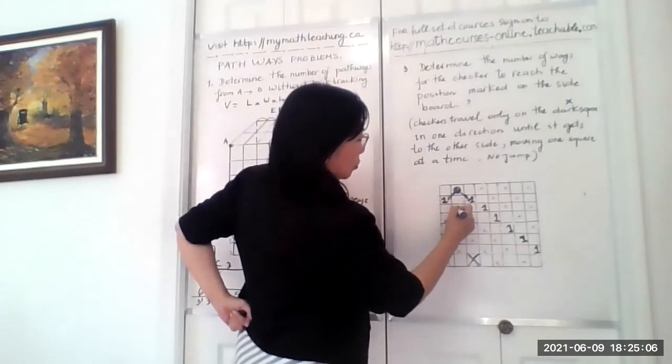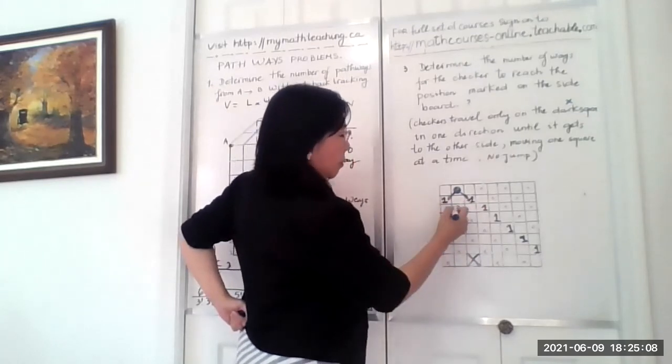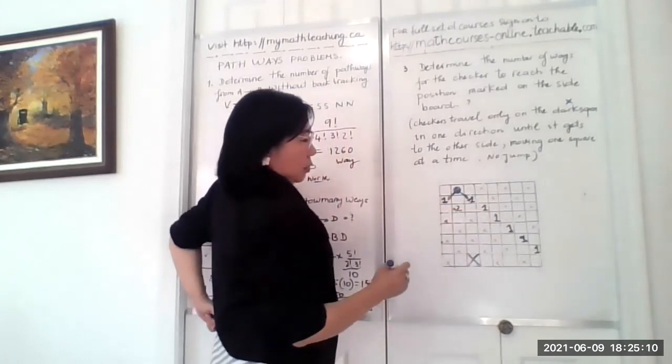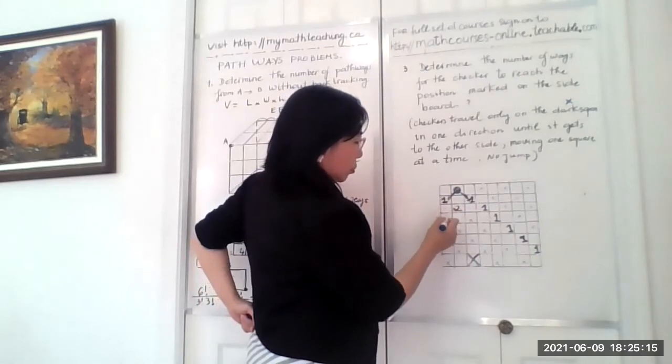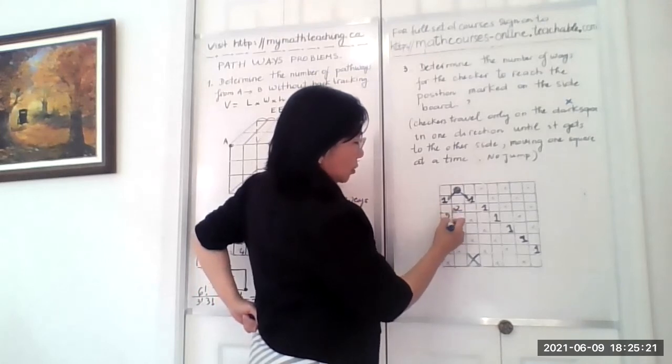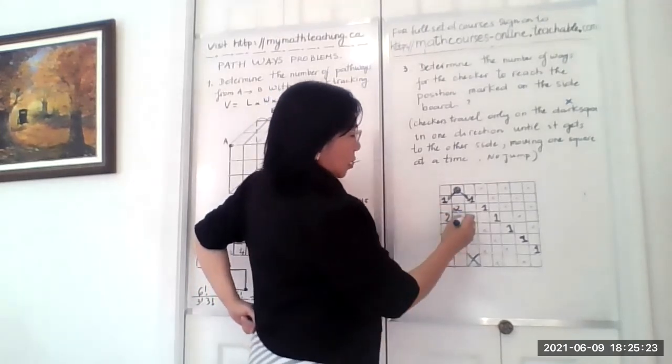So there are 2 ways to get down to this X box. So now, if he goes from here to here, then this is one direction as well, and he has 2 ways of doing it. So let's fill it in.